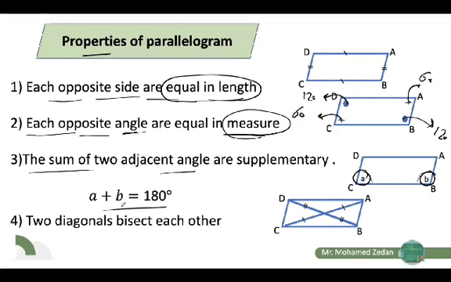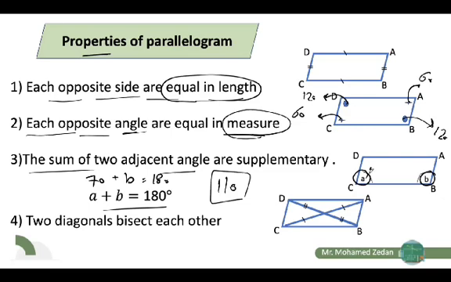If I ask you that angle A equals 70 degrees, then angle B equals what? You tell me that 70 plus B equals 180, then B equals 110. Why?